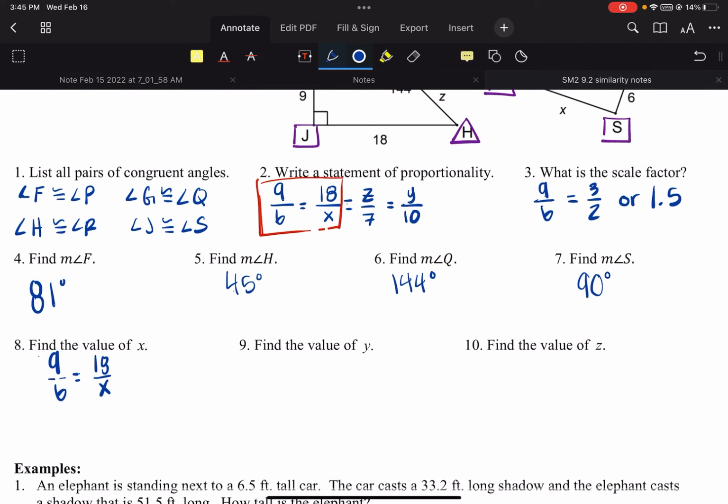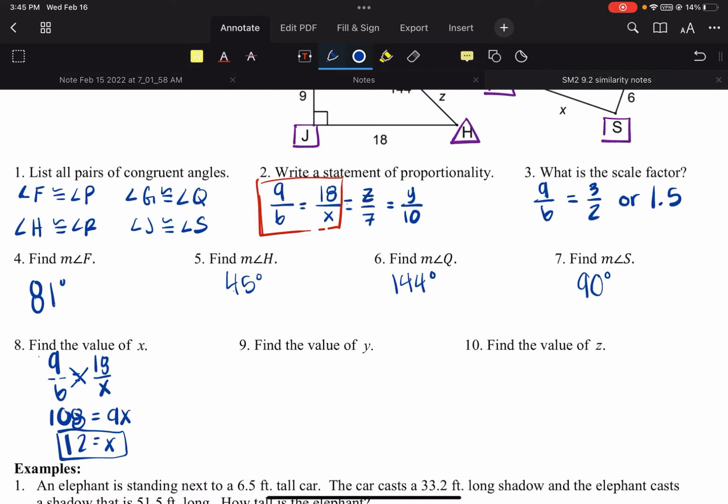Do some cross multiplying. So 6 times 18 is going to give me 108. So 108 is equal to 9x. Divide both sides by 9, and I get that x is equal to 12.